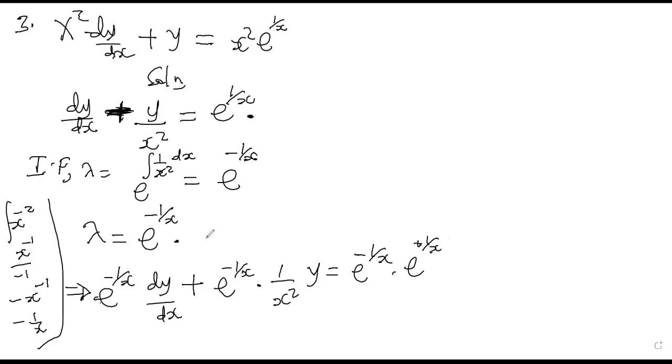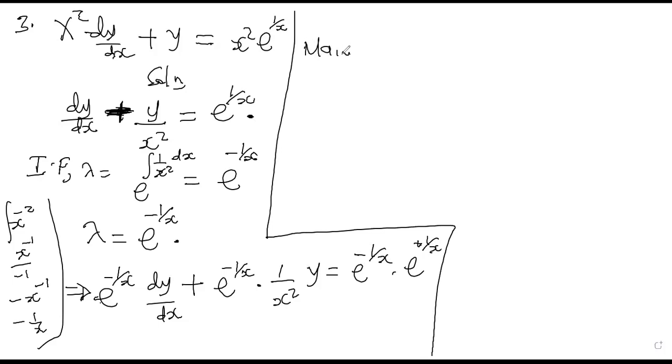Interesting. Now, our main function will be equal to the integral of our integrating factor e power negative 1 over x, then y. No, actually dy. I've rushed to the final answer.